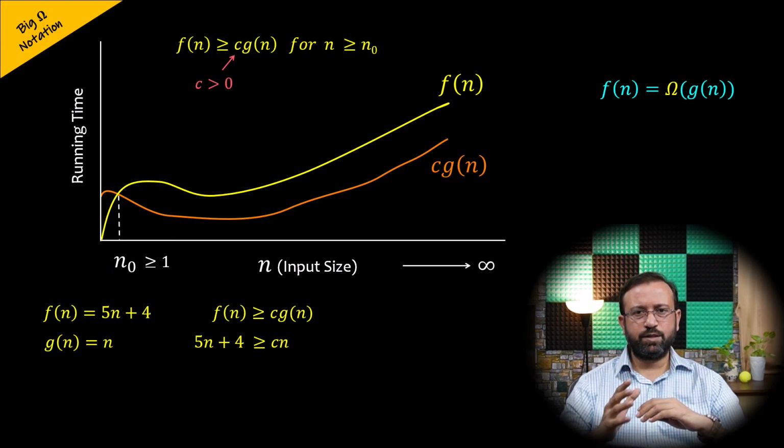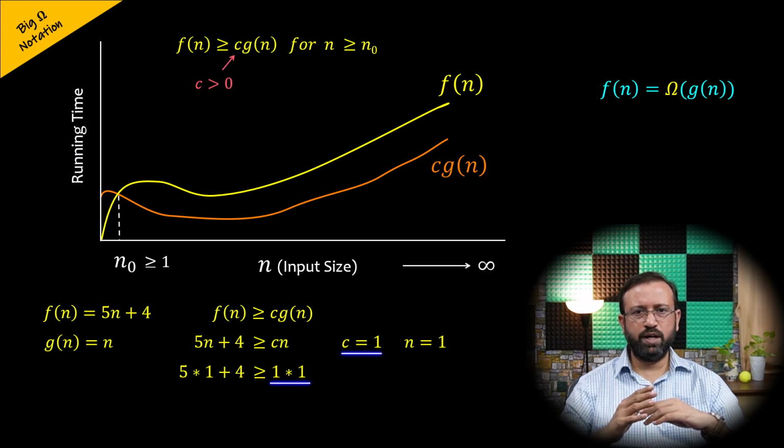By looking at the expression, we can consider the possible choice of c as 1 and n as 1. So, when we evaluate this expression, 5n plus 4 greater than or equal to cn, using c as 1 and n as 1, we get 5 multiplied by n, which is 1, plus 4 greater than or equal to c, which is 1, multiplied by n, which is 1.